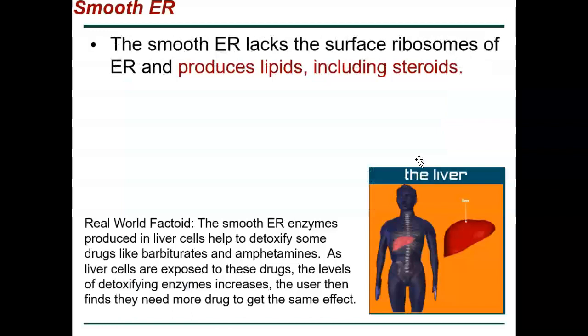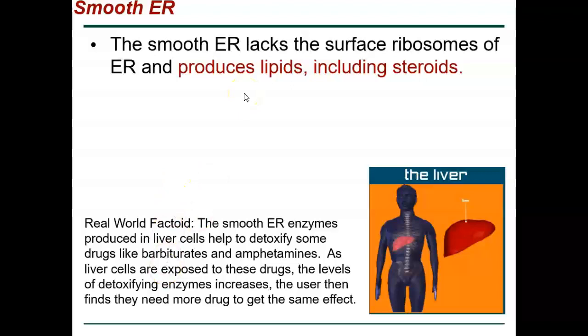Now the smooth ER, what is the point of that? You can tell me that it makes lipids, including steroids, or you can do a story version to connect it to your real life. The enzymes that are produced by the liver cells in your smooth ER can actually help detoxify some drugs like barbiturates and amphetamines.